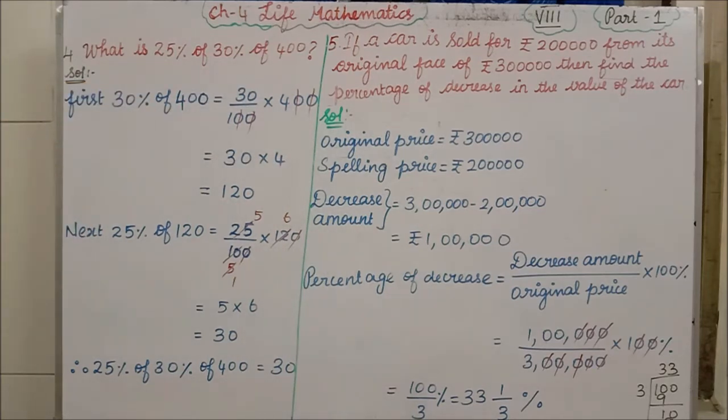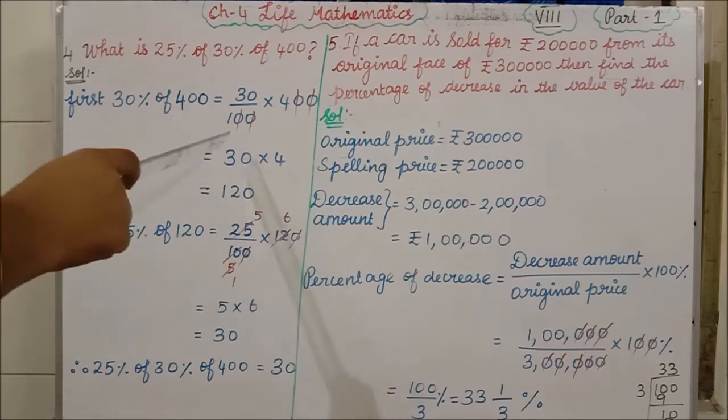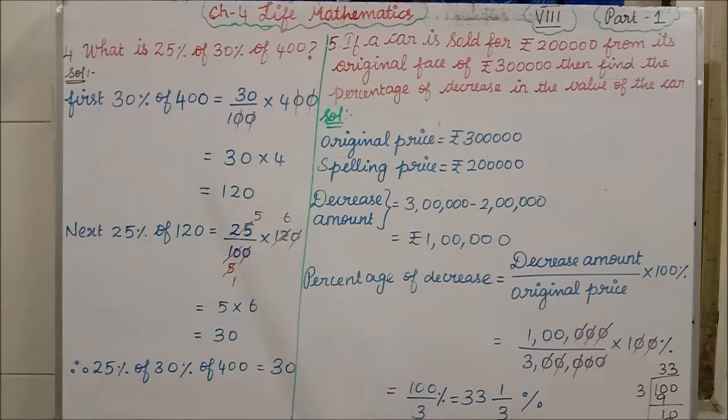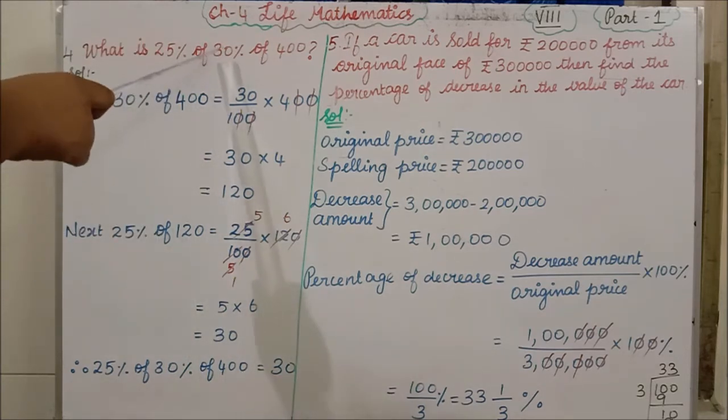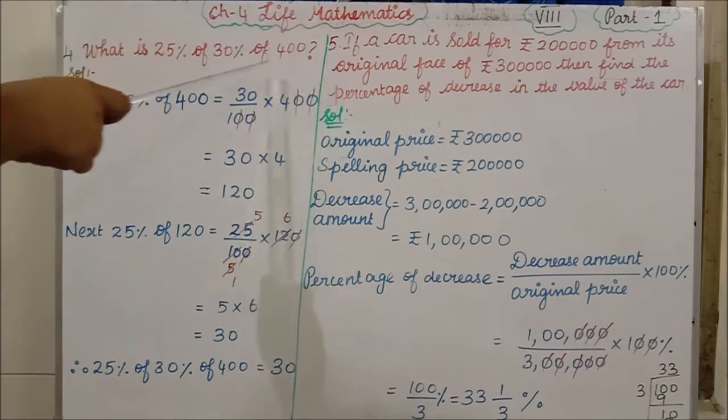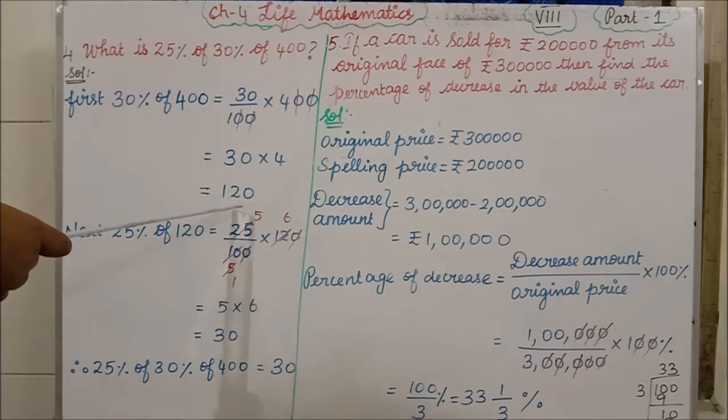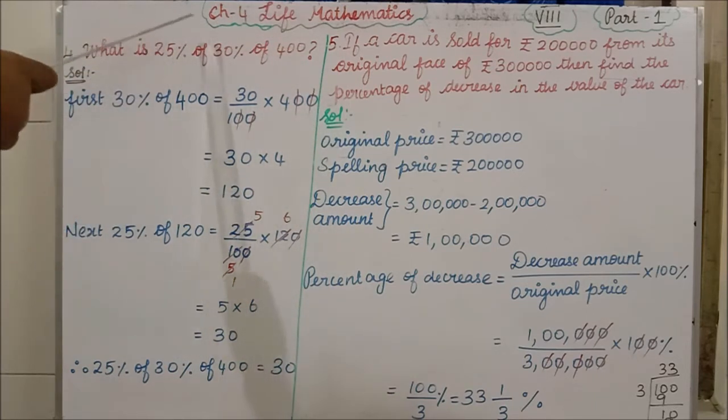So 30 into 4 if you multiply, what will we get? Yes, 3 4s are 12. This 0 we have to write. So 30 percentage of 400 answer is 120. Clear? Next, what we have to do means 25 percentage of what, 30 percentage of 400 answer we have got? 120, isn't it? So 25 percentage of 120 we have to find.